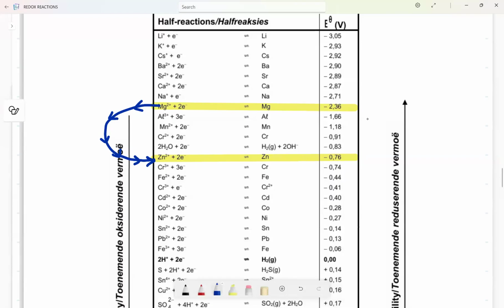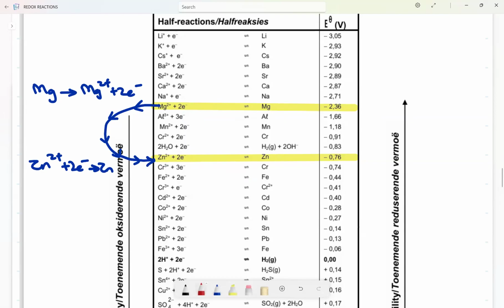I'm going to write it from Mg, forming me, I'm going to just use one arrow, Mg2+ plus 2 electrons. But this one, I'm going to write it from right to left. Can you see the arrow says I start here, I will go there. But on this one, it says I start there, I go there. So on this one, it's going to be zinc 2+ plus 2 electrons, forming me zinc.